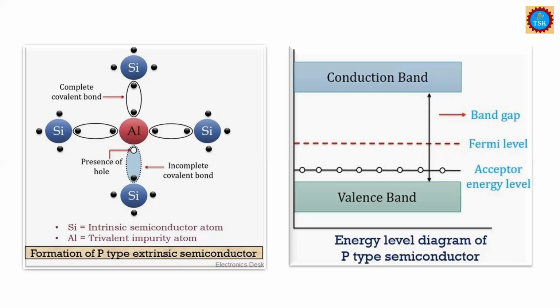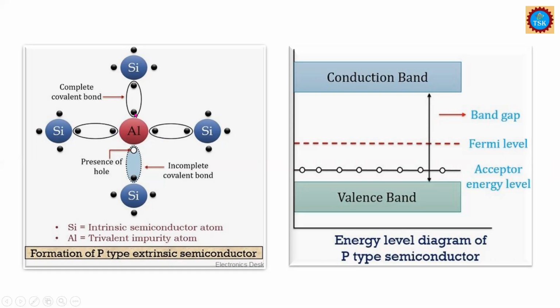Similarly, for p-type semiconductors, if trivalent atoms are doped into the pure semiconductor, it is called a p-type semiconductor. According to this diagram, an aluminum atom is situated at the center and surrounded by four silicon atoms. But aluminum is only a third group element, so only three unpaired electrons are available.